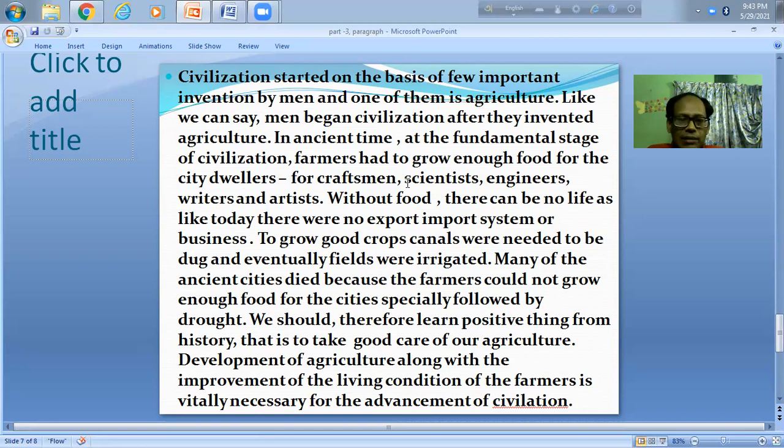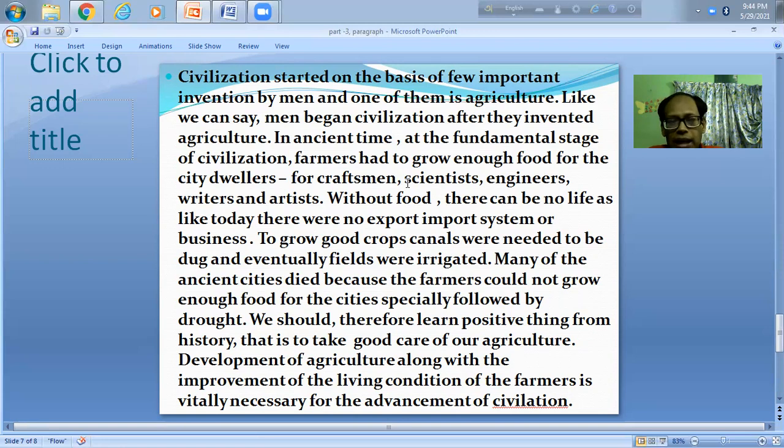Like we can say, man began civilization after they invented agriculture. In ancient time, at the fundamental stage of civilization, farmers had to grow enough food for the city dwellers, for everybody, for kings, for soldiers, for fishermen, for architects, for scientists, for sculptors, for poets, for writers, for historians, for everybody.